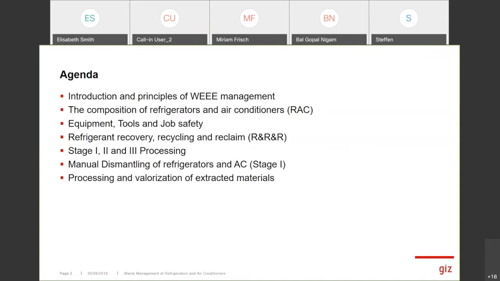Fourth, refrigerant recovery, recycling, and reclaim, the triple R concept. Then stage 1, 2, and 3 processing of refrigerators and air conditioners disposal, and manual dismantling of refrigerators and air conditioners for stage 1. And finally, processing and valorization of extracted materials. So this is the overall agenda.